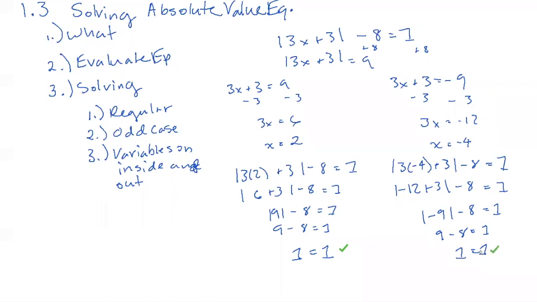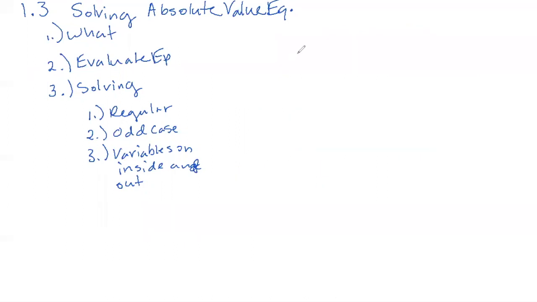It is correct. Now, what if you have variables on the inside and outside of the absolute value? For example, what if you have the absolute value of x plus 6, plus x equals 20?